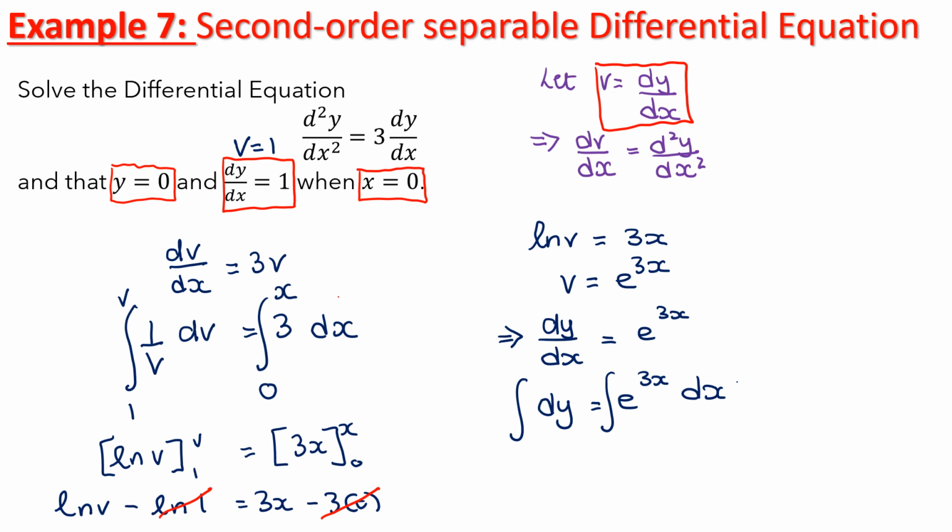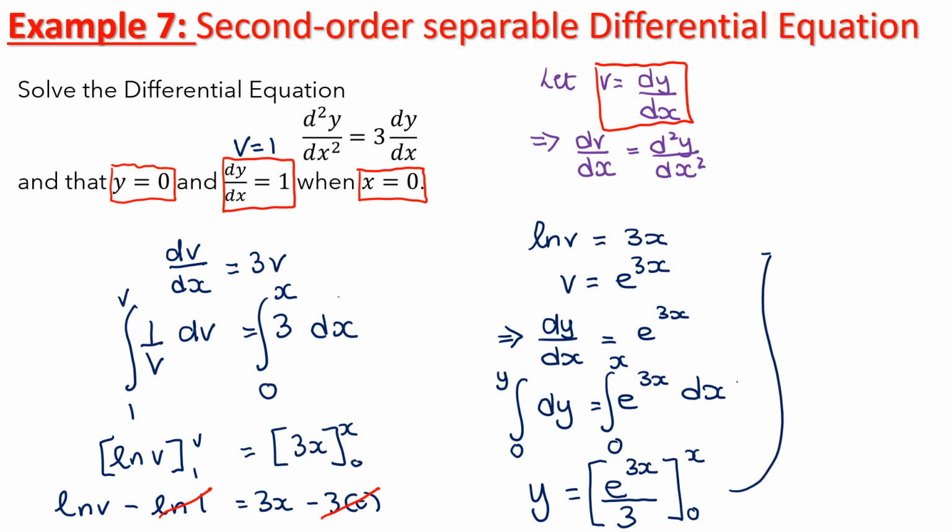We were told that y equals 0 when x equals 0. If we want to integrate e to the power of 3x, it stays e to the power of 3x, but we end up dividing it by the derivative of the inner function, which is the derivative of 3x, and we evaluate this between 0 and x.